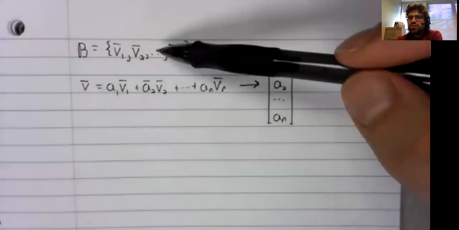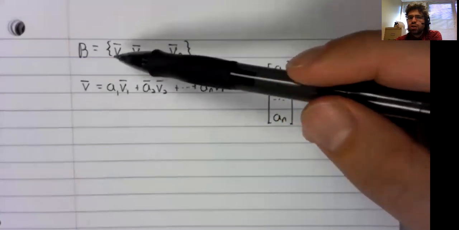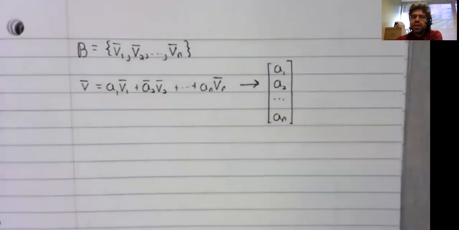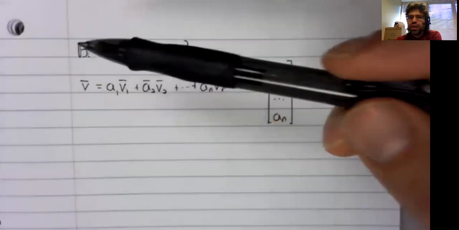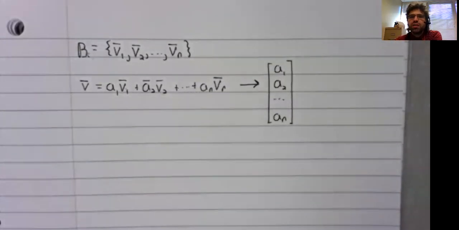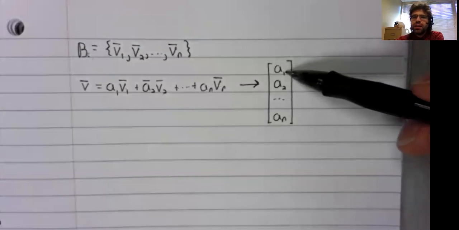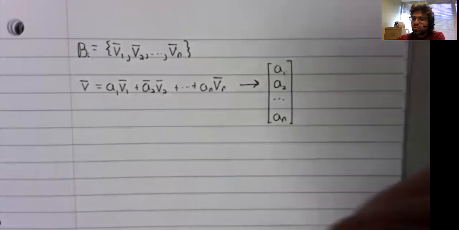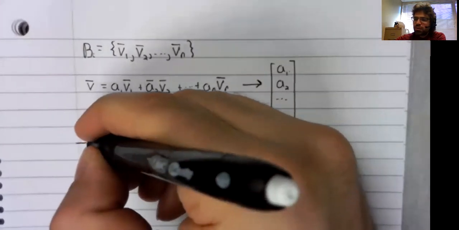So however complicated these vectors look, and however complicated the vector space for which this is a basis looks, the elements of that vector space can be stored in a very simple way as lists of numbers.